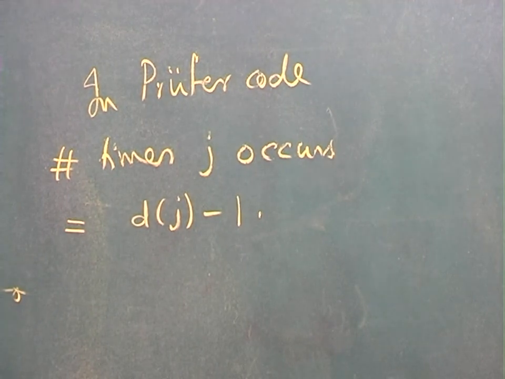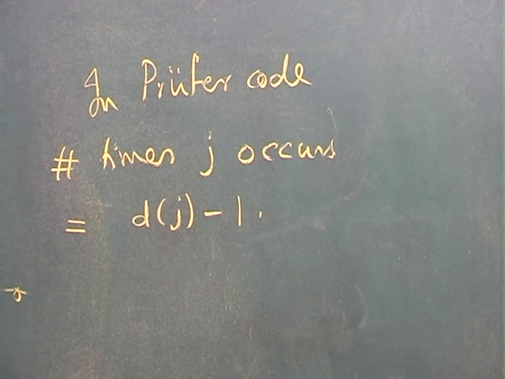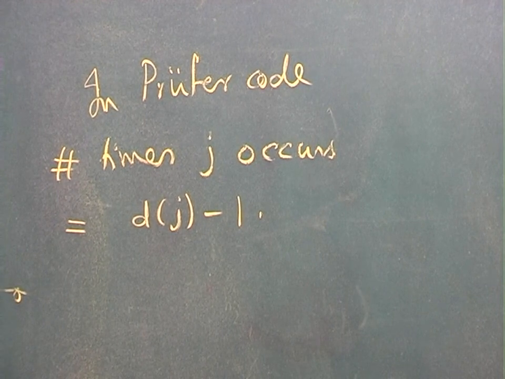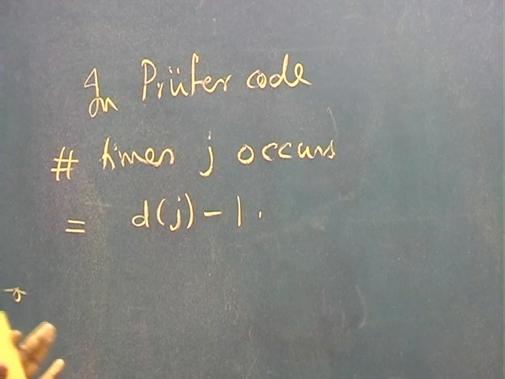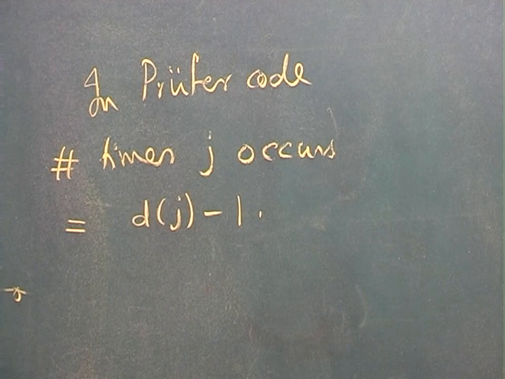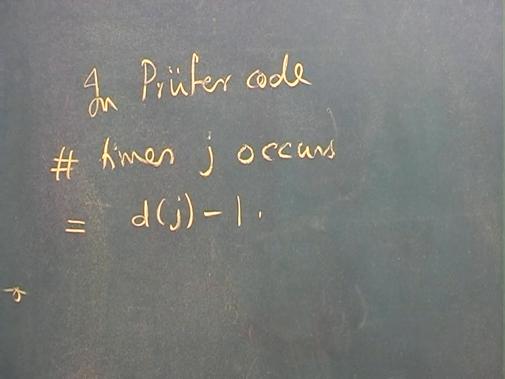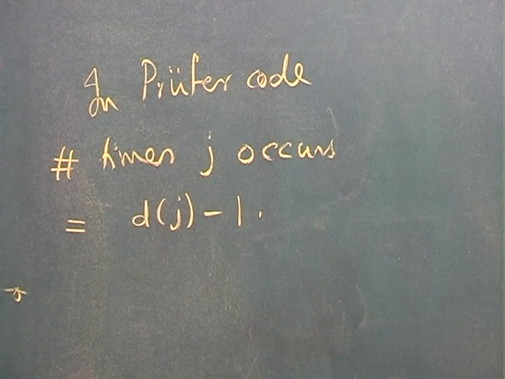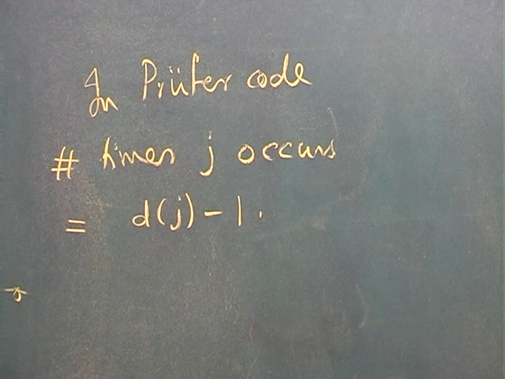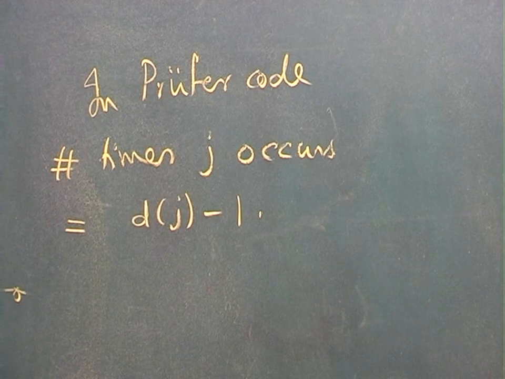Degree of that vertex j. So if your vertex j has degree equal to 1, that is, it's a leaf, it will not occur at all in the proof or code. If its degree is equal to 2, then in the code it occurs once. If its degree is 10, then in the sequence it occurs 9 times, and so on. One less. Okay?